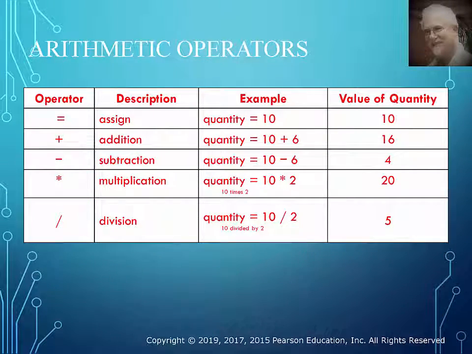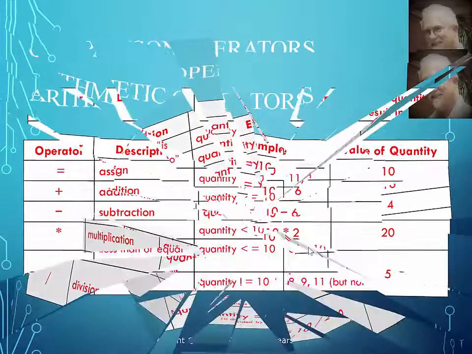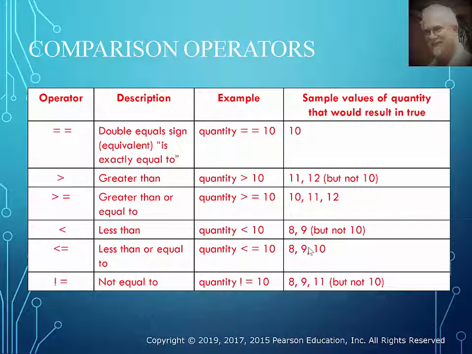JavaScript, like other languages, has arithmetic operators. There are ones that are pretty common. You have an equal sign, which assigns a value. You have addition, subtraction, multiplication, division. You have comparison. Okay, not arithmetic, but comparison. Double equals is a little bit different.